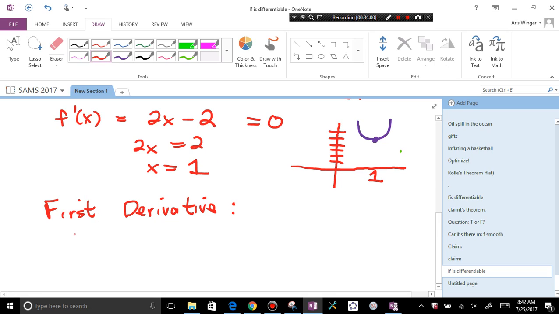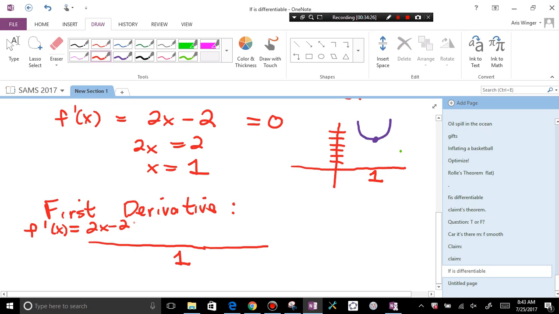And so the way that we do that is I care about the sign of the first derivative. So we create a sign chart. Now, I have seen people use tables for these things. Whatever makes you happy. I need to understand the sign of the derivative.